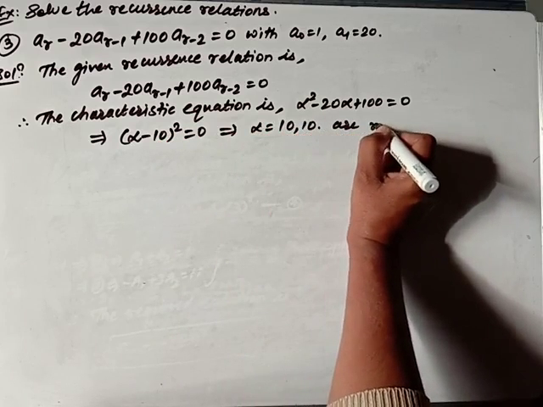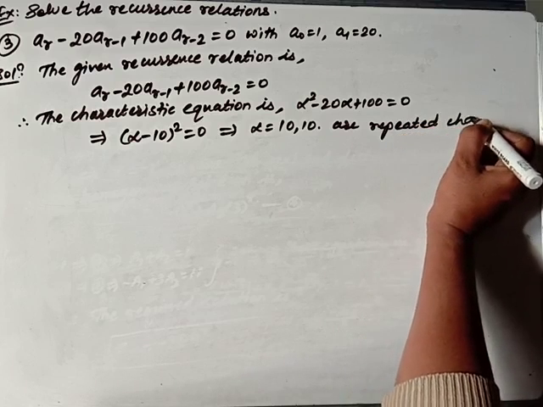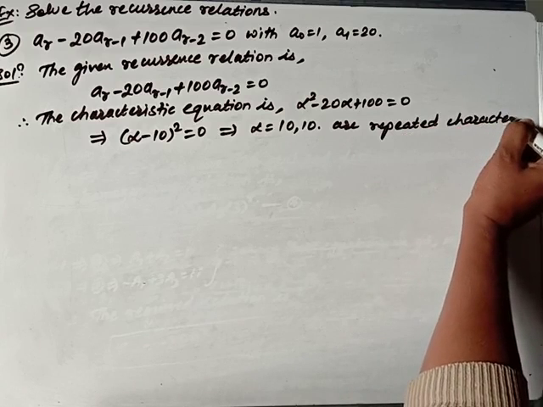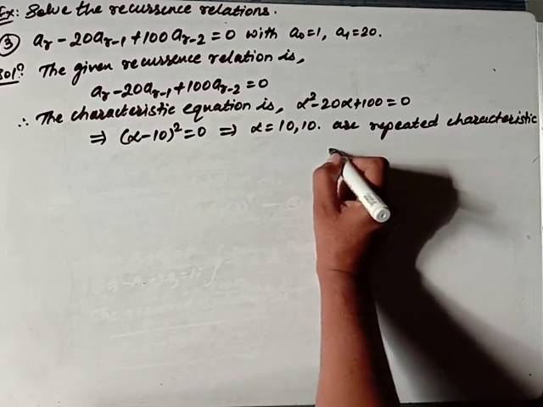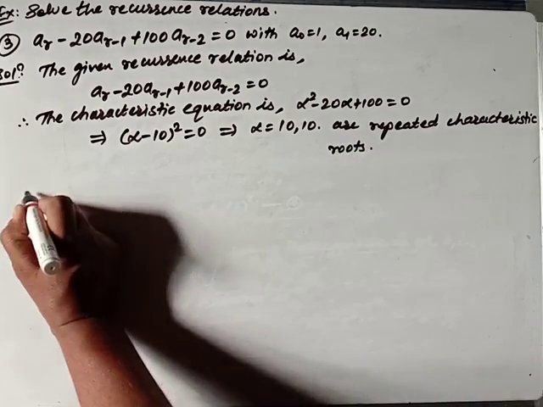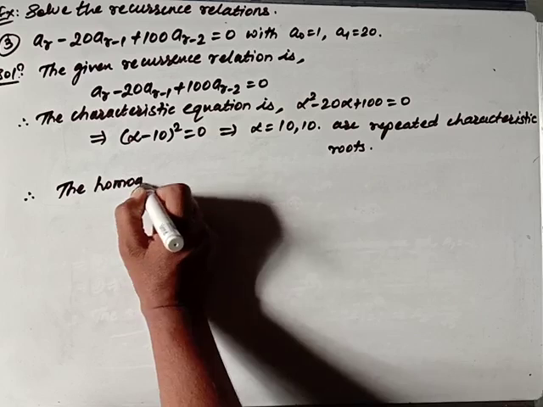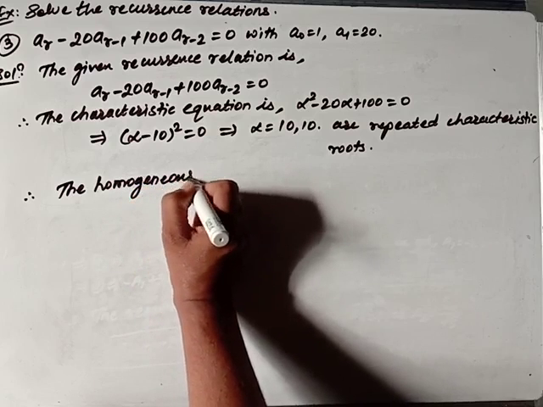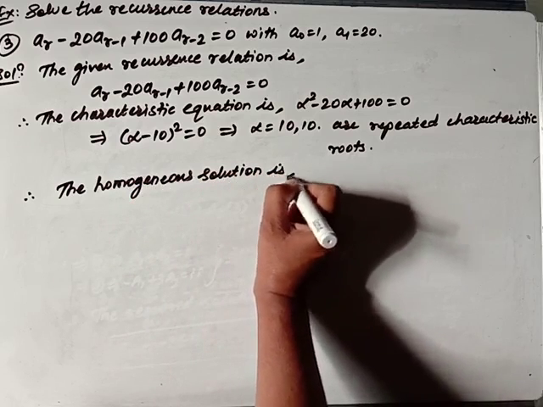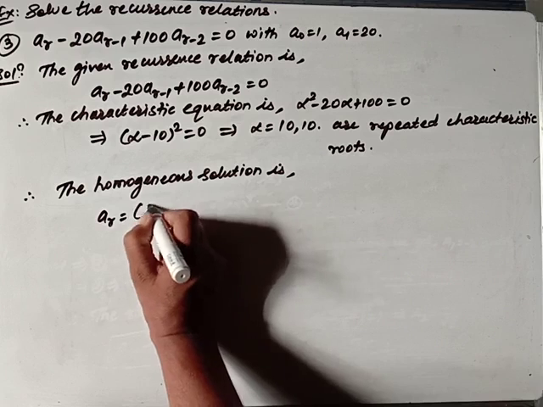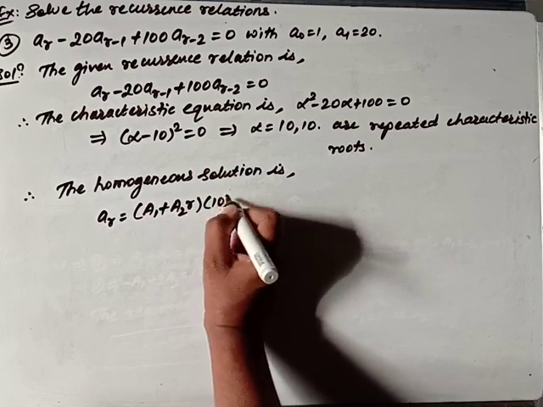These are repeated characteristic roots. Therefore, the homogeneous solution is a_r = (A1 plus A2 r) into 10^r.